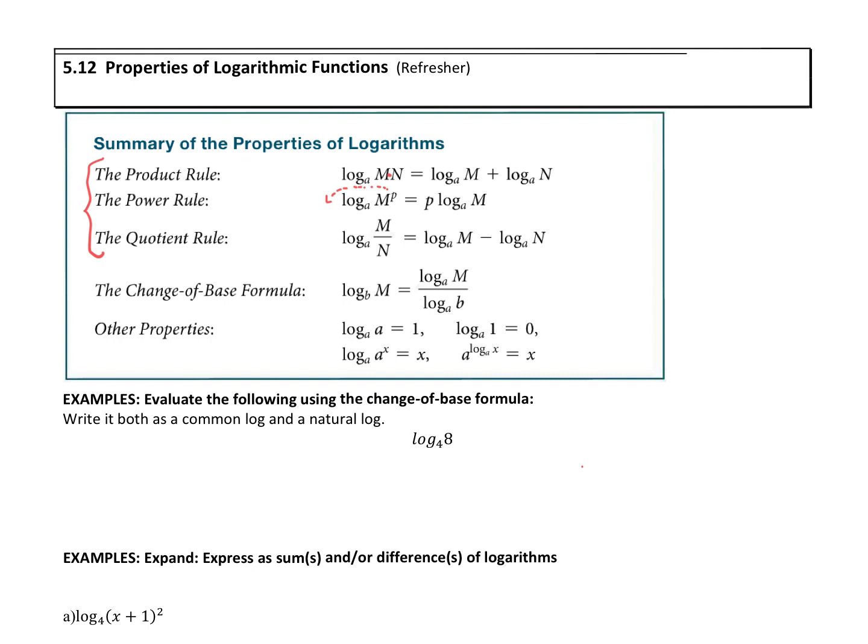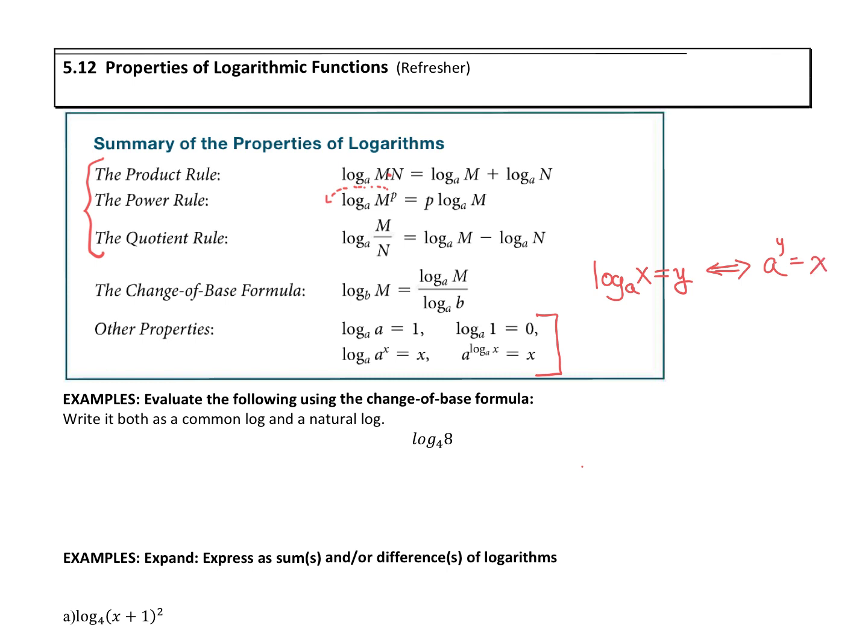We also know that log base a of a is 1, log base a of 1 is 0, log base a of a to the x is x, and a raised to the log base a of x is also x. You can verify each of these with the property that the log base a of x equaling y is equivalent to a to the y equals x.